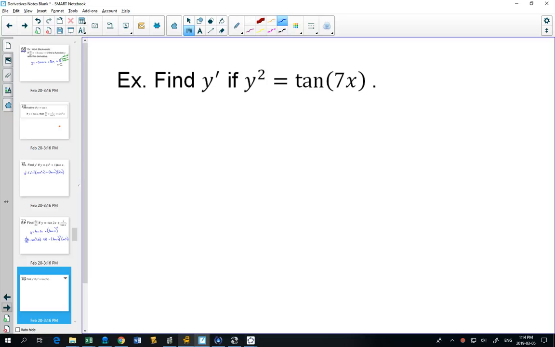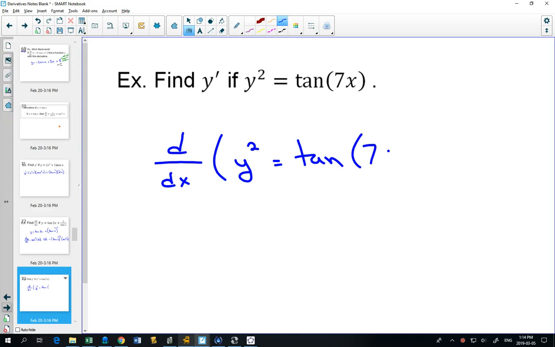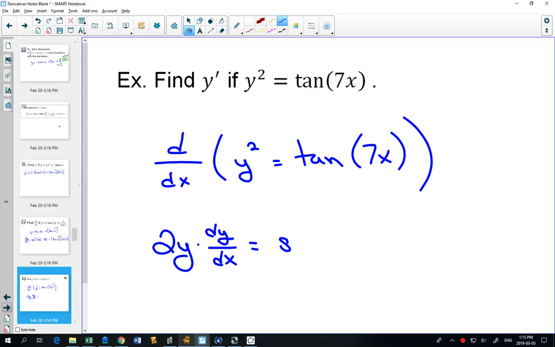And then we can get some implicit differentiation involved as well. So if we were taking the derivative of this whole function, on the left-hand side, derivative of y squared would be 2y, and then the derivative of y is dy dx. And on the right-hand side, we have a chain rule. Outside function is tan, so the derivative of tan is secant squared. Keep the inside the same.